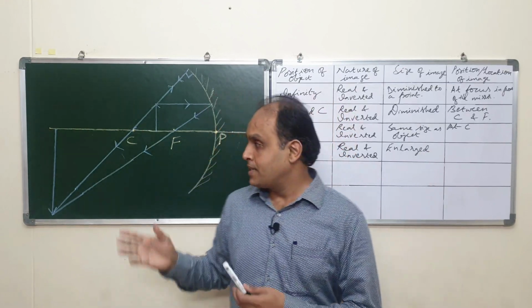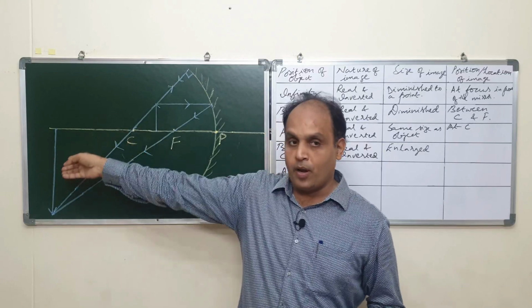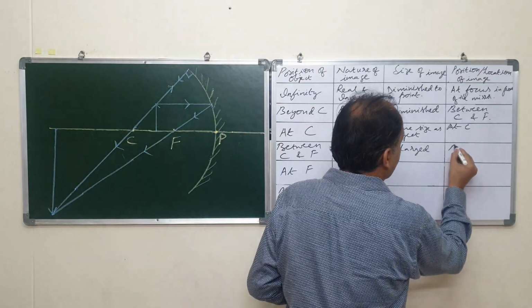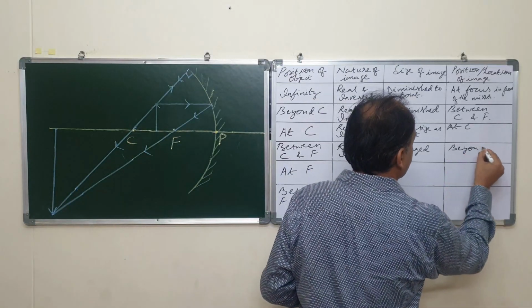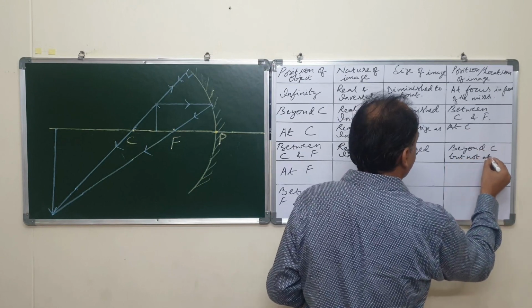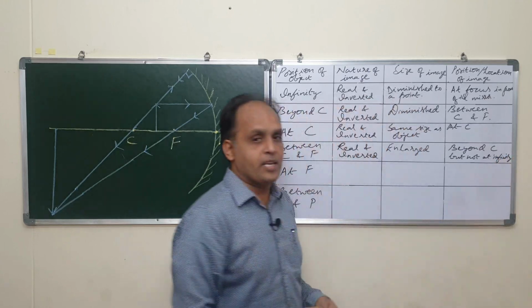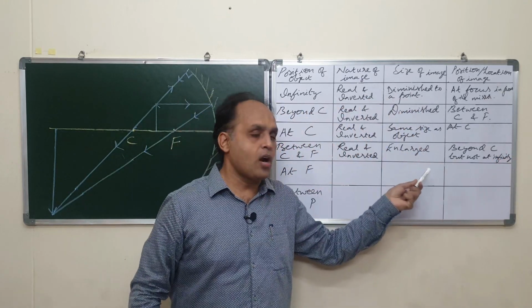Okay. Now where is the image formed? It is formed beyond C. So the image is formed beyond C, but not at infinity. It is at a finite distance.